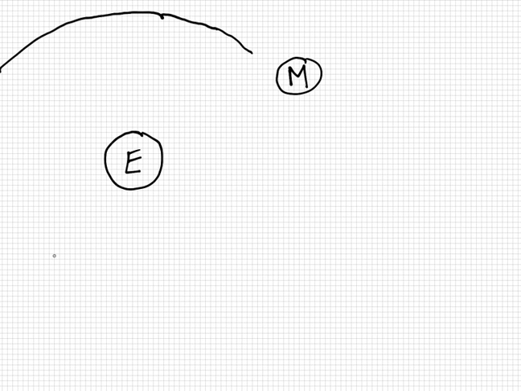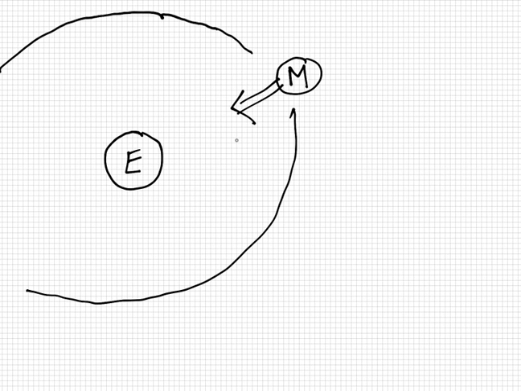Let's take an example here. Earth and then moon. Also, the Earth and moon aren't on graph paper, so it's the least of my problems right now. As you know, the moon goes around the Earth, so we can calculate the force here.